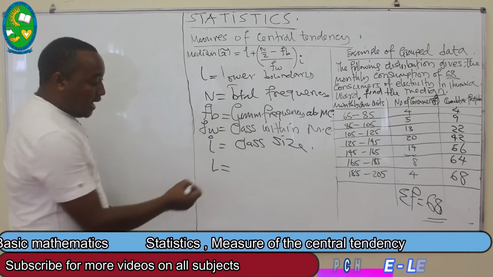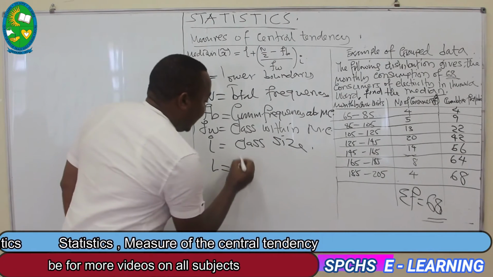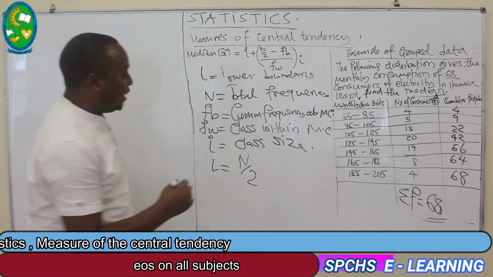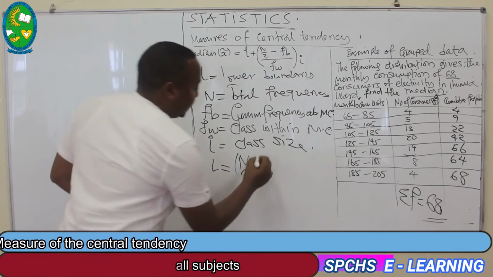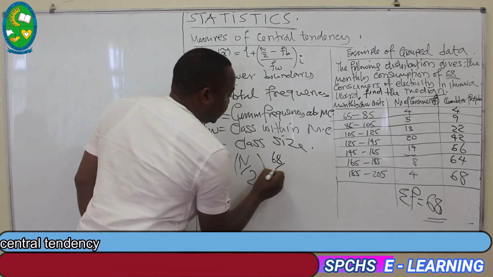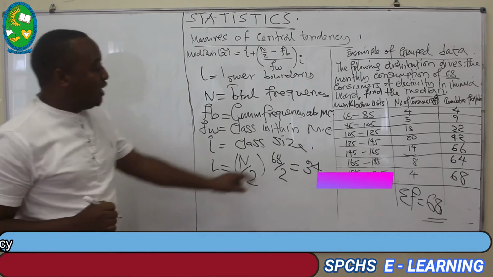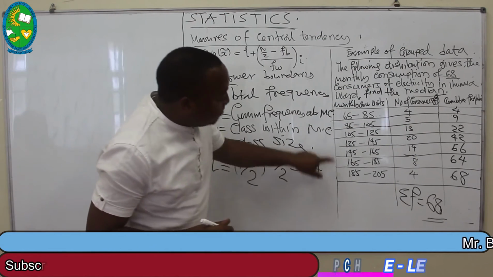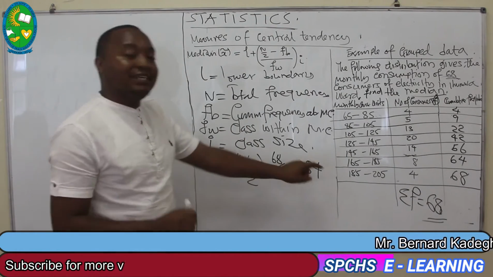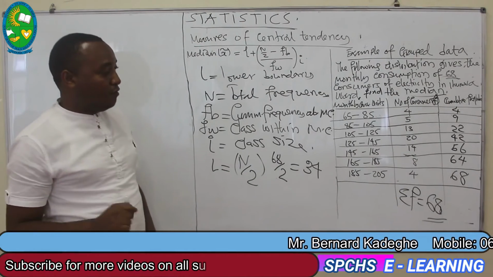So how can we find the variables in calculating the median? We start with n divided by 2. Our n here is 68. 68 divided by 2 is 34. To get the median class, we go to the cumulative frequency that gives us the next number to 34, or exactly 34.